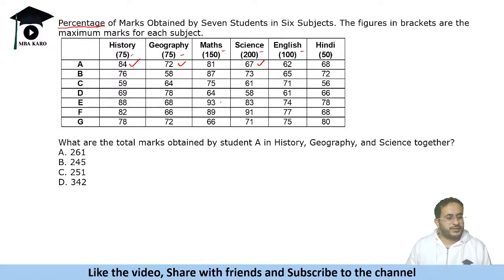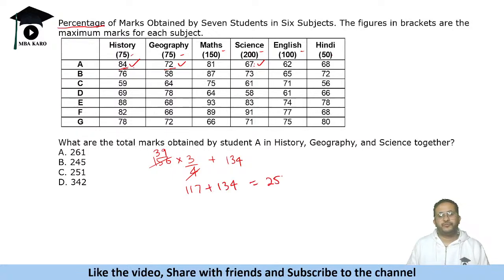So history and geography, it is 84 and 72, and that is 156. It is 75%, so take 3/4, and science is 67. So this will be 134. 117 plus 134, right? The answer will be 250. Okay, so the answer is 251.